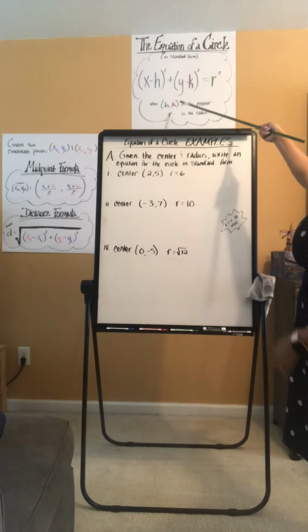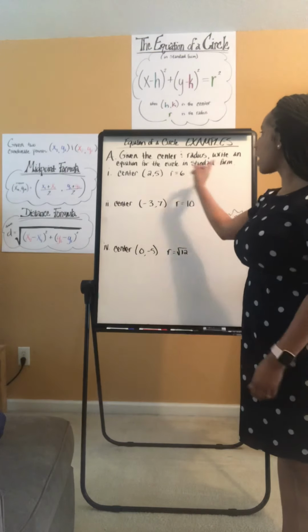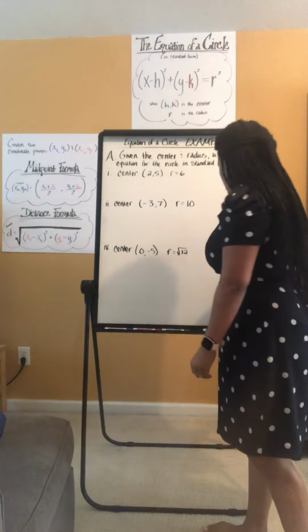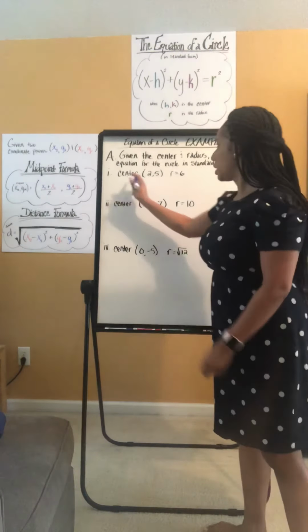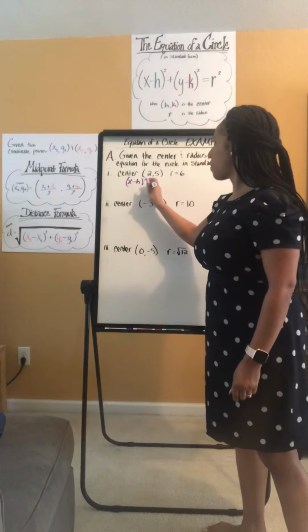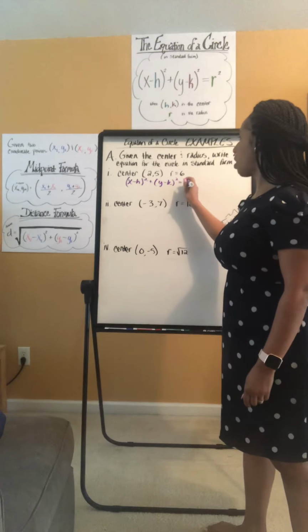So, on example A, I have given you the center and the radius, and I'm asking you to write an equation for the circle in standard form. So the general formula is (x minus h) squared plus (y minus k) squared equals r squared.